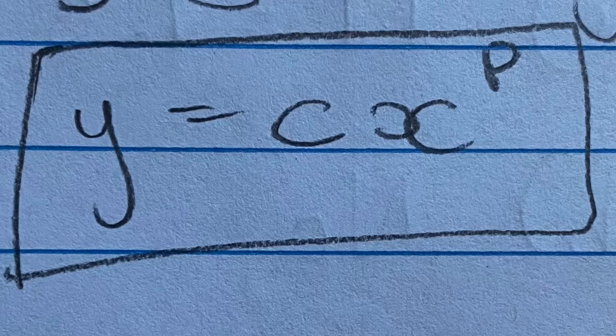And that equals 0.15. So now we want to get rid of the log because we want it in the format y equals cx to the power of p. So never forget the format that you're trying to get it into because we want it to be a power function at the end. So we log both sides.